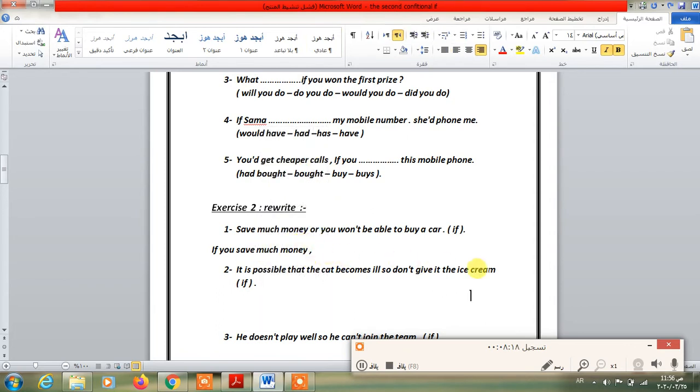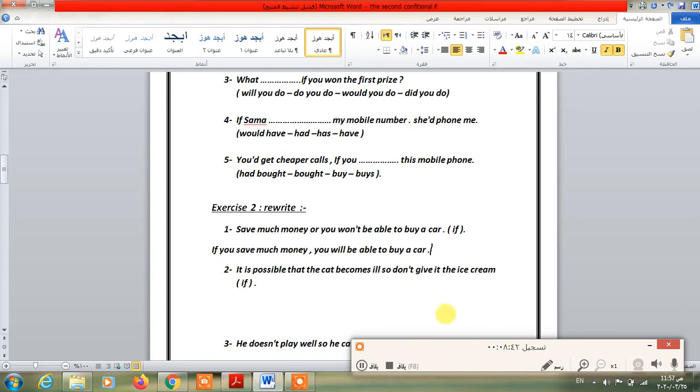Okay, you will be able to buy a car. This action to buy a car depends on the first action to save much money.